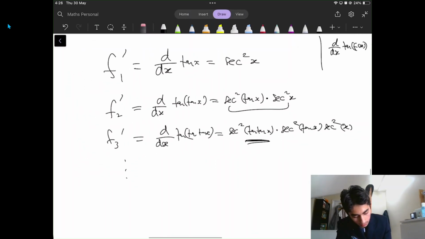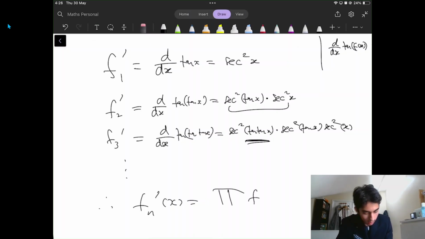And so, therefore it's clear that the derivative of fn of x is just equal to the product of secant squared of fk as k goes from 0 to n minus 1, right?